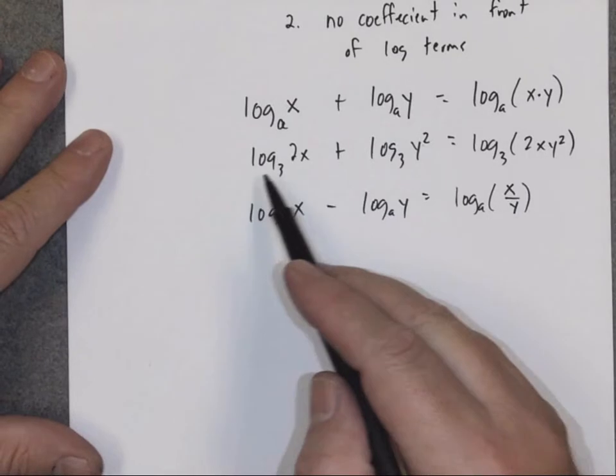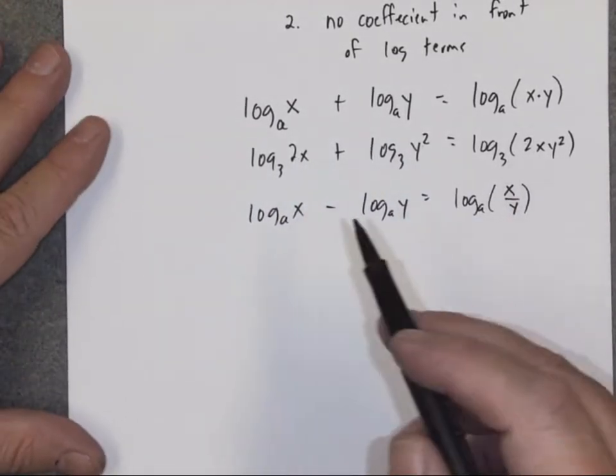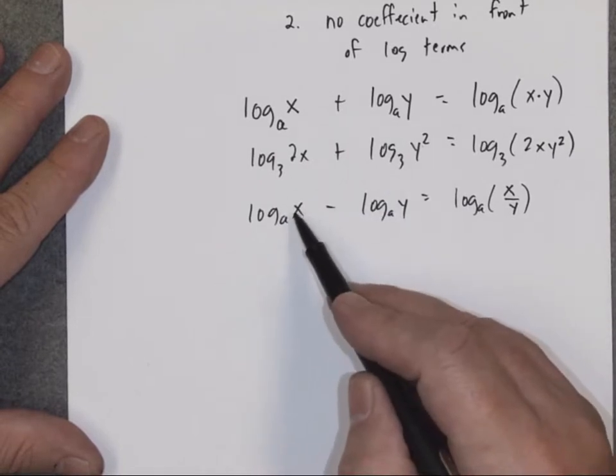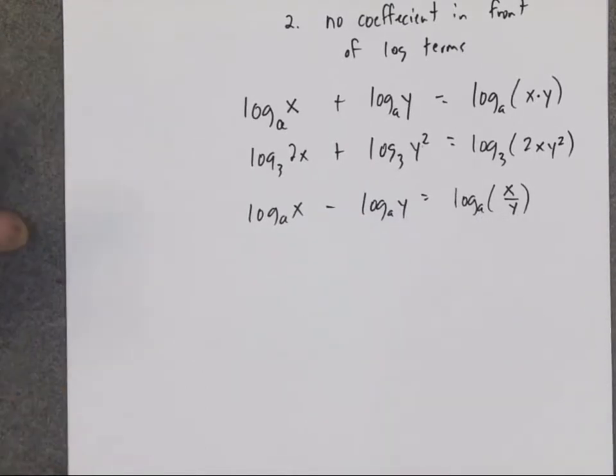So when you're adding log terms, you multiply the stuff inside the logs. When you're subtracting log terms, you take the stuff inside the first log and you divide it by the stuff inside the log you're subtracting.